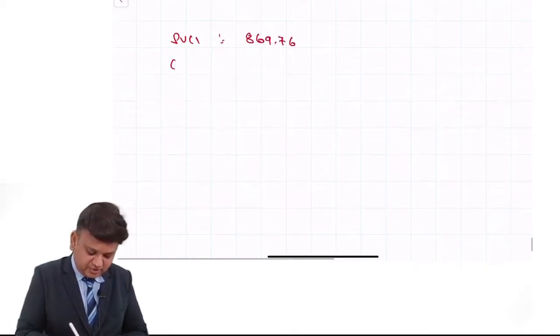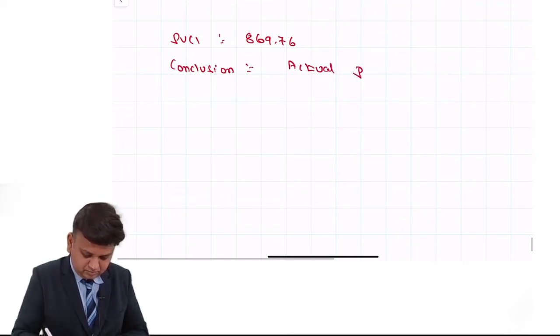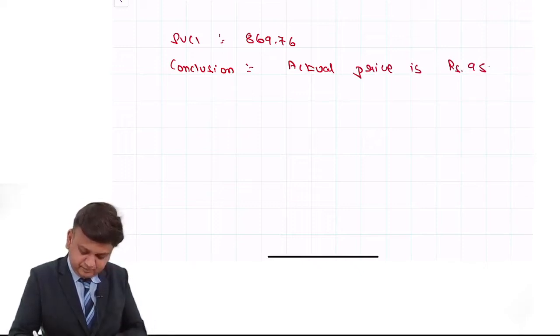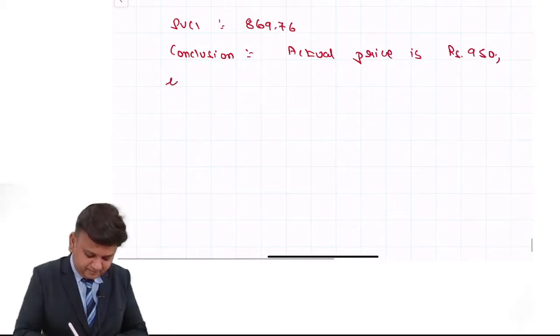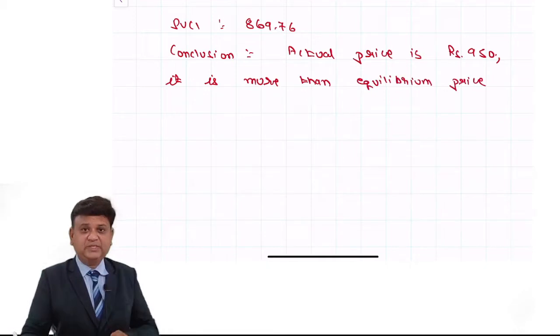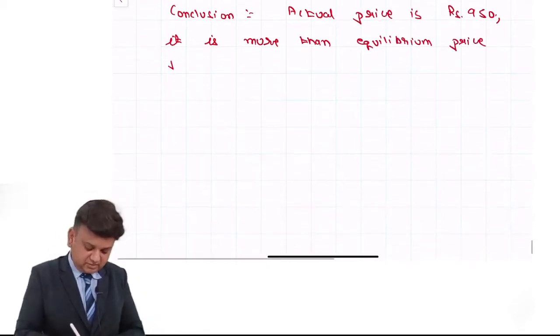So we can write the conclusion like this. Actual price is rupees 950, it is more than equilibrium price, rupees 869.76.